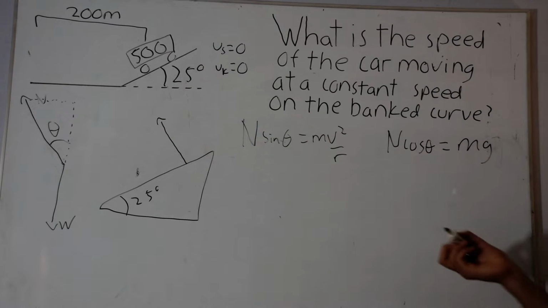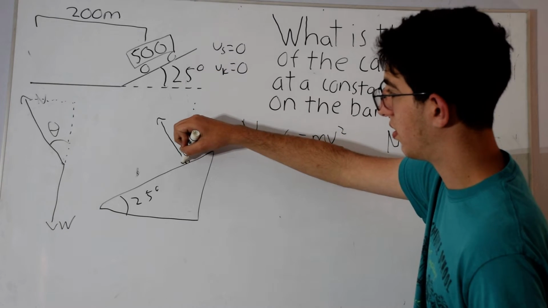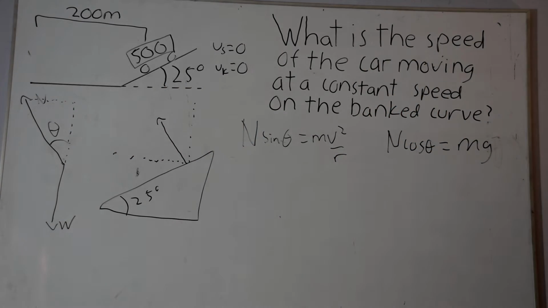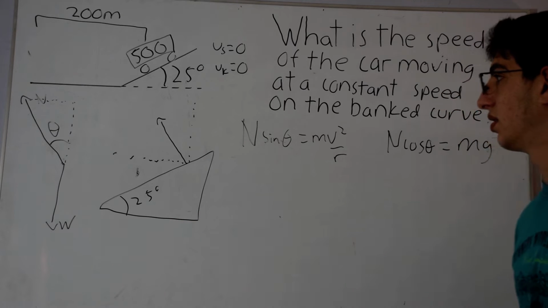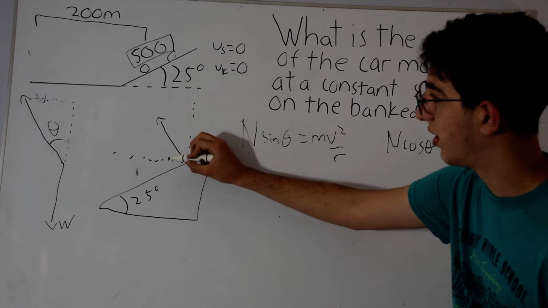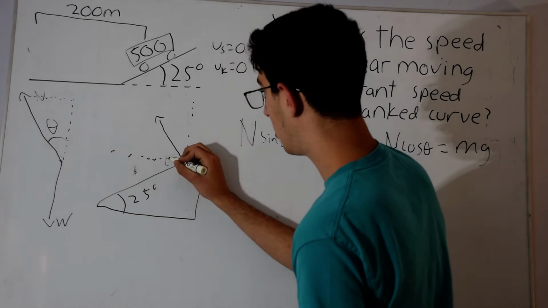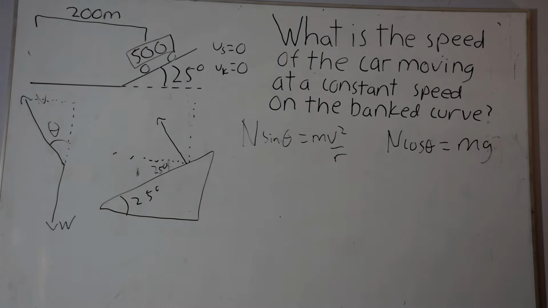And stemming from the normal force, I'll just draw a vertical line and a horizontal line, which are going to help us find the angles. So, because this horizontal line and the ground are parallel, this angle and this angle are alternate interior angles that have the same magnitude. So, this is 25 degrees as well.